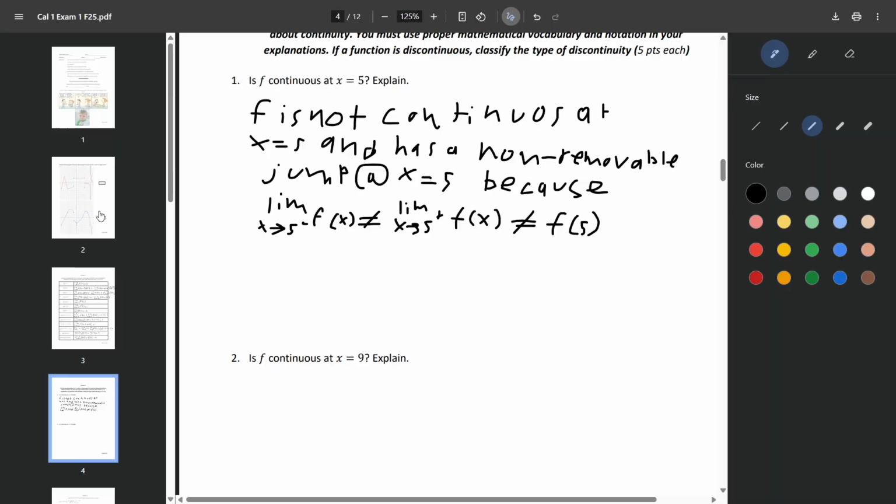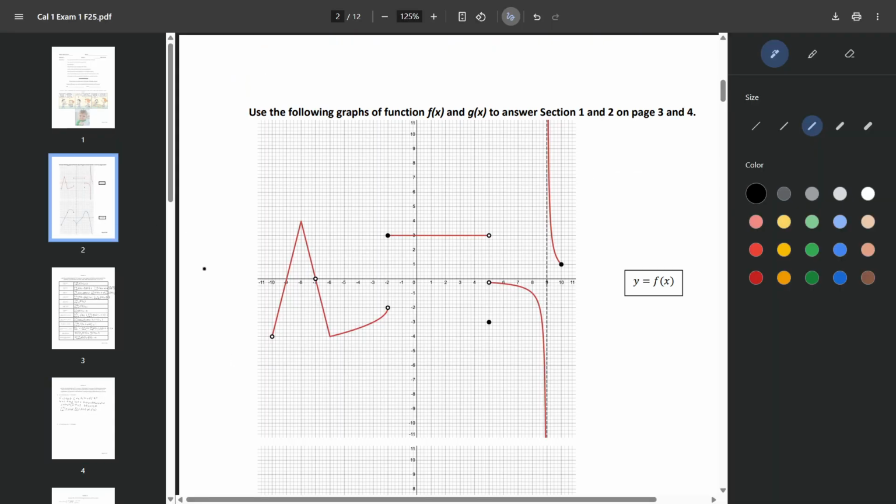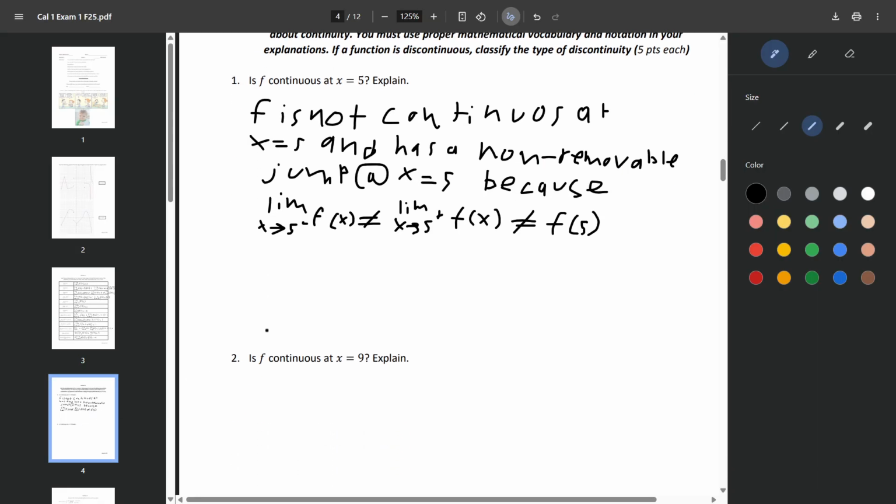So just a double check, left hand limit at x equals 5 is 3. So we'll put limit of x approaching 5 from the left, f of x equals 3.